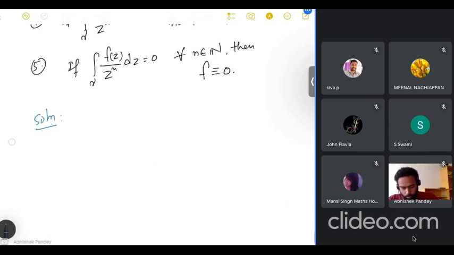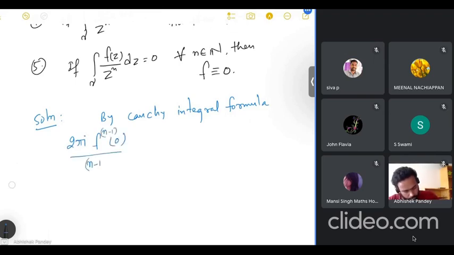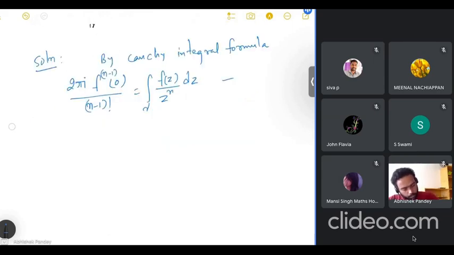Okay, so by Cauchy integral formula, what do we have? 2πi f^(n-1)(0) equals the integral of f(z) upon z to the power n dz. Okay, so this is 1.